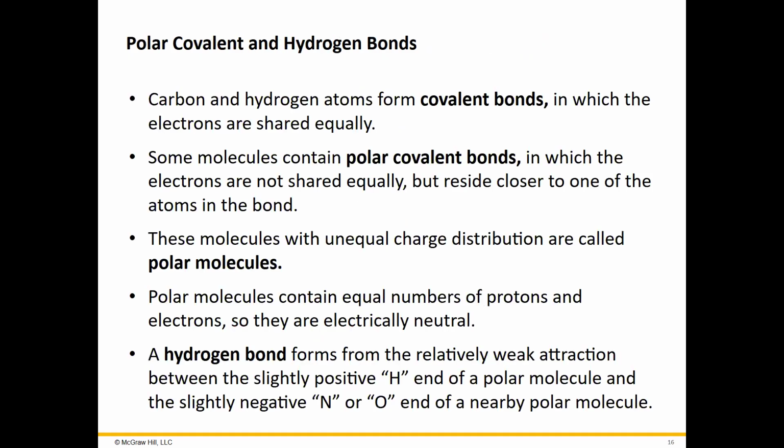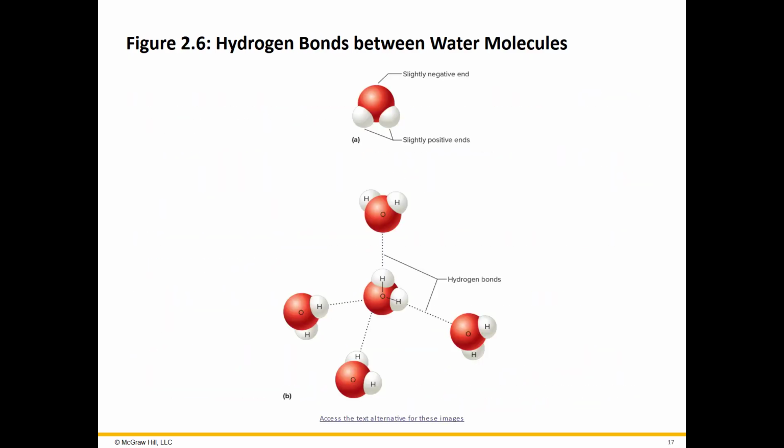So when I ask about hydrogen bonds, my question might be, what kind of bond is formed between two polar covalent molecules that forms between the positively charged hydrogen and the negatively charged end of another polar covalent molecule?